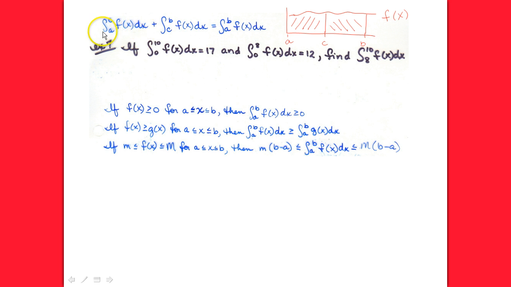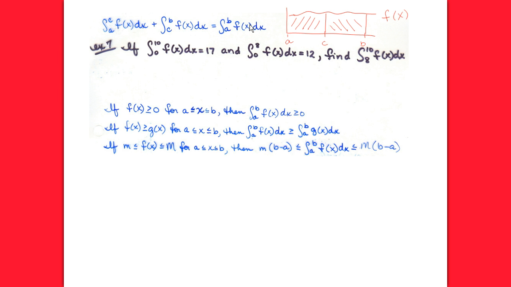If you find the area under the curve from a to c, and then add to that the area under the curve from c to b, wouldn't that have to be the same thing as the area under the curve from the starting point a to the stopping point b? That's all this says. If you go from a to c and then add from c to b, that's the same as if you started at a and stopped at b.